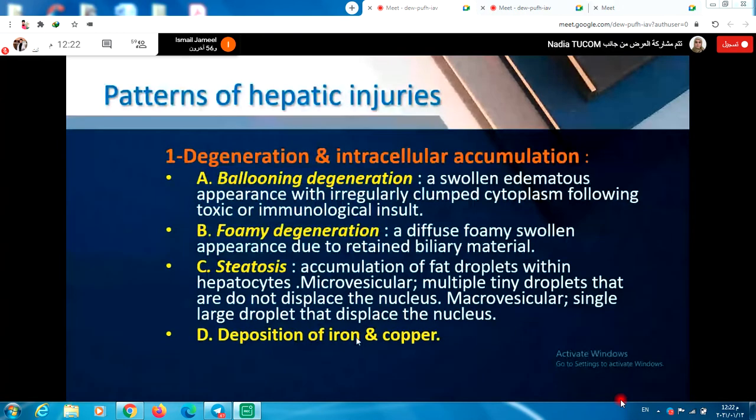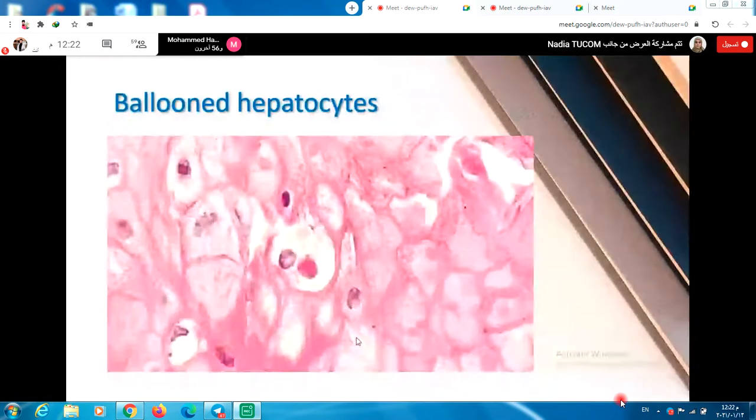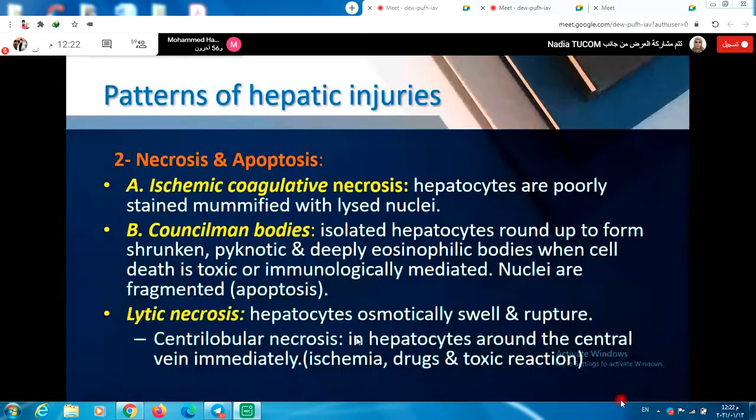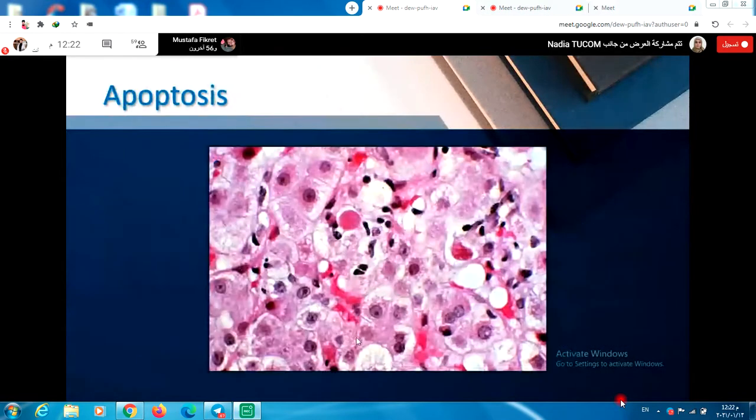There are patterns or certain morphological types of hepatocellular injury, specific types of cellular injuries seen in the hepatocytes. Number one, degeneration and intracellular accumulation; necrosis and apoptosis are specific.